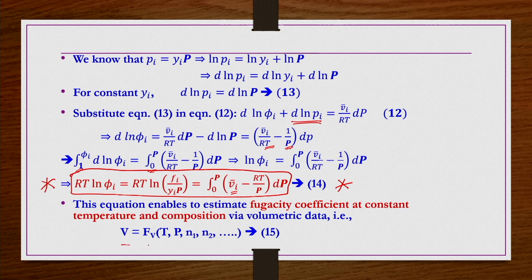It has to be explicitly in this form. You may have an equation of state like the Redlich-Kwong equation, but you cannot write the Redlich-Kwong equation in the volume explicit form. Volume explicit form means the left hand side should have only volume terms, and the right hand side all other terms. So, the Redlich-Kwong equation you cannot write in such a format.